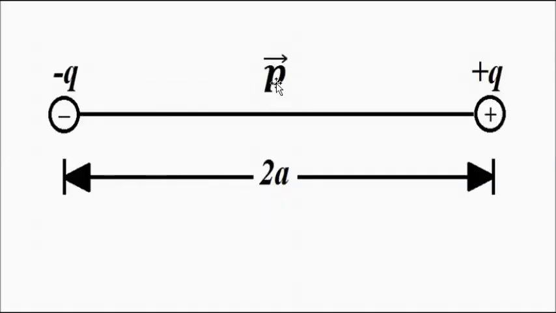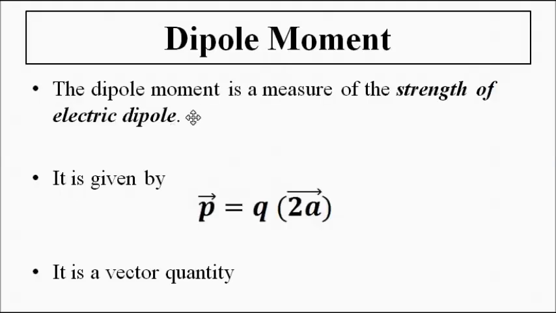Okay, now this parameter p vector is called the dipole moment.